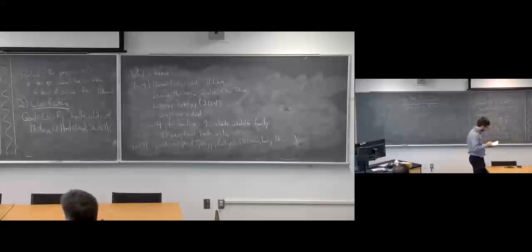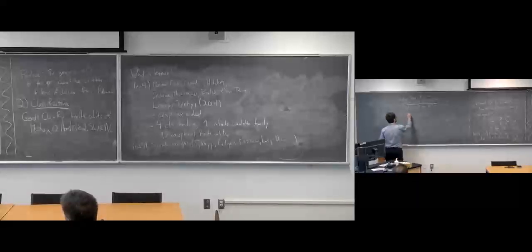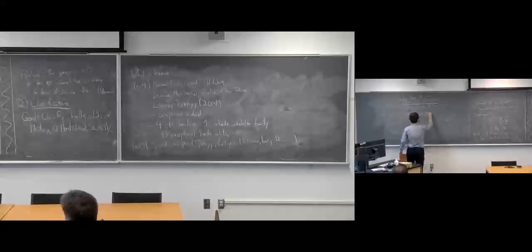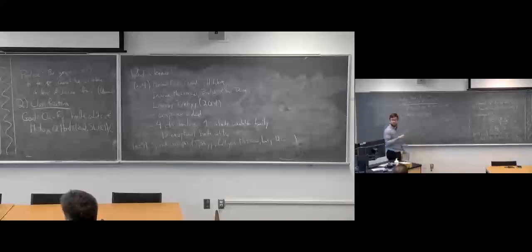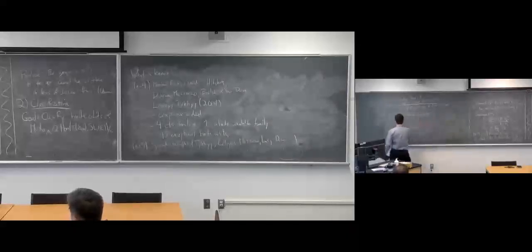Okay. So let's drill down a little bit more. So we have some representation, π1 of the sphere minus n points into SL2C. And let's try to analyze it in terms of the Zariski closure of its image.